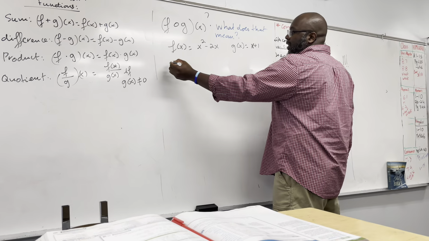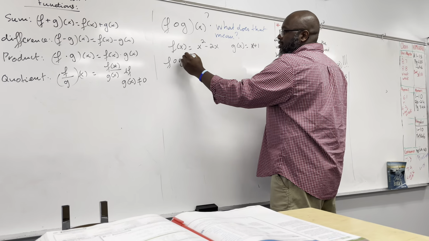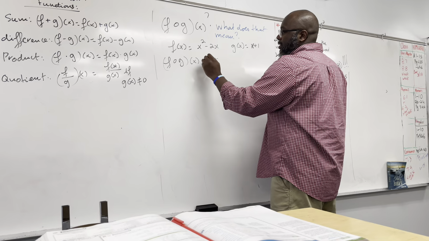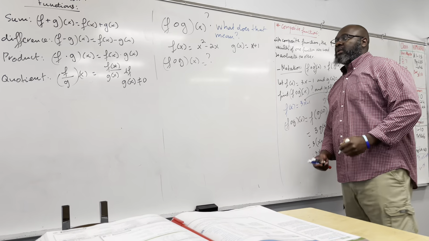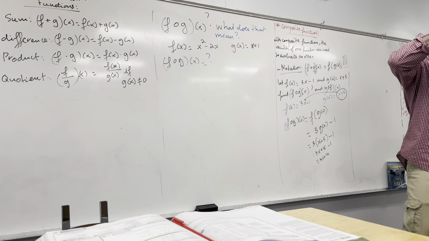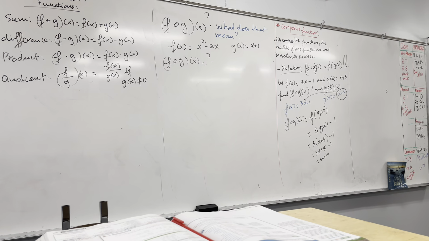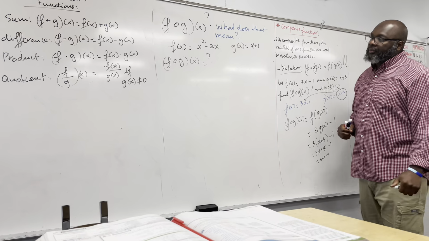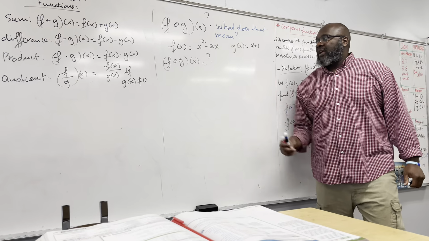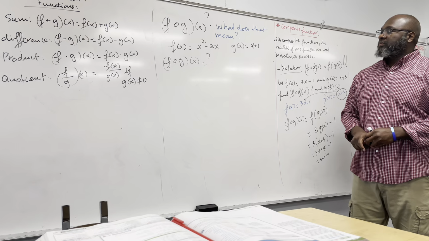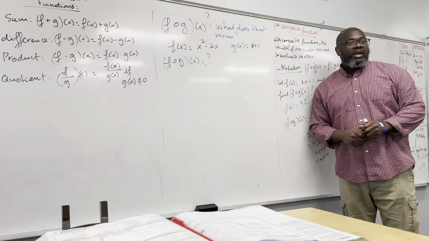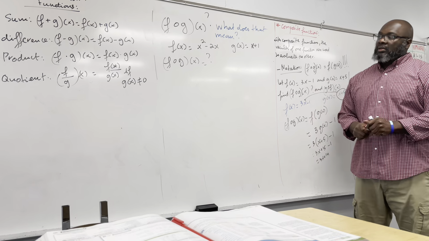So first I want you to find f round g of x. Go ahead and figure it out, see what you get. So let's find f round g of x using that method. Let's see what that's going to give you.